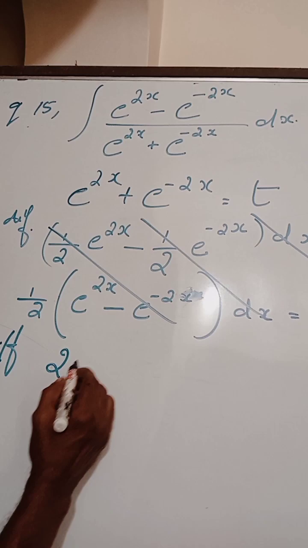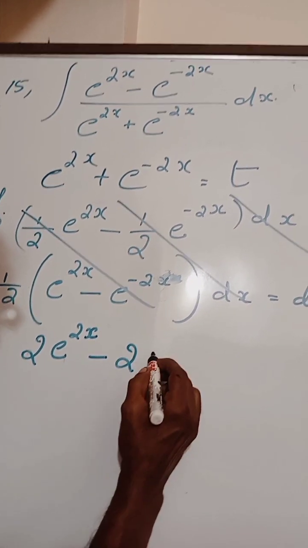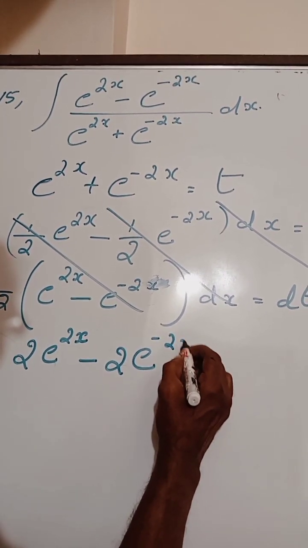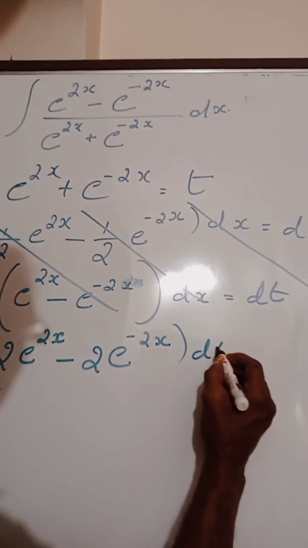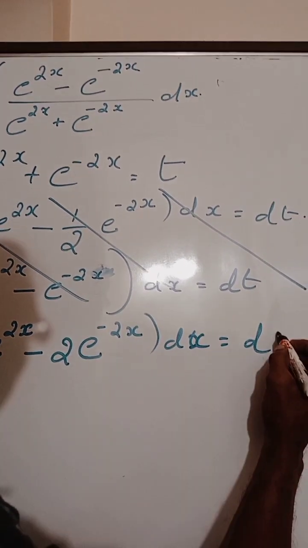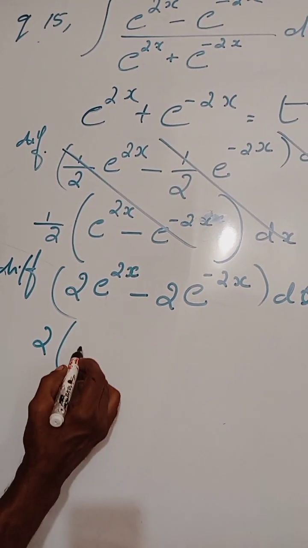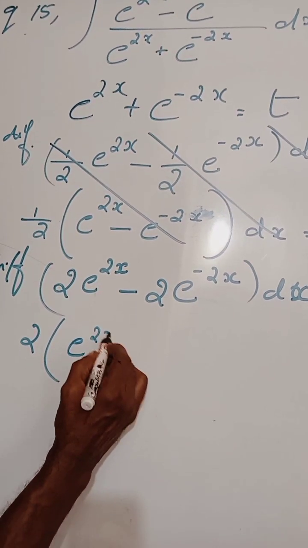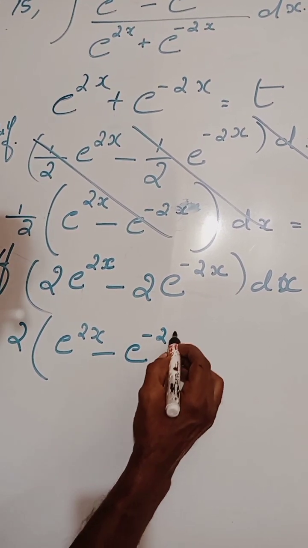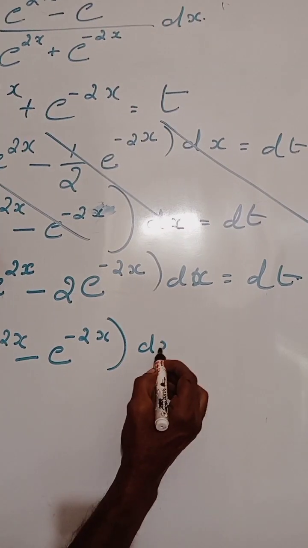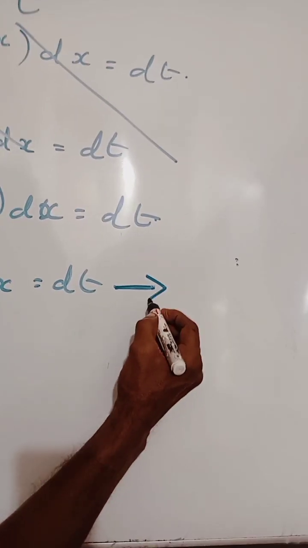Differentiate: 2 into e raised to 2x minus 2 into e raised to minus 2x dx is equal to dt. 2 we can take outside. e raised to 2x minus e raised to minus 2x dx is equal to dt.